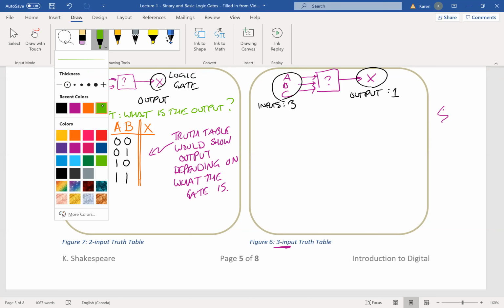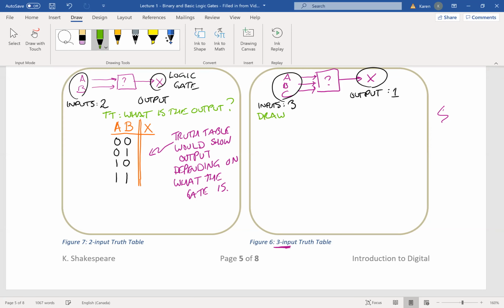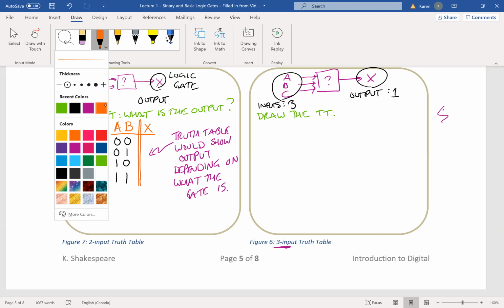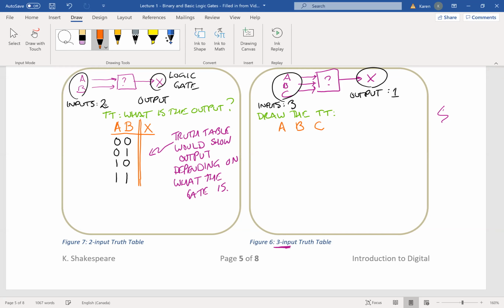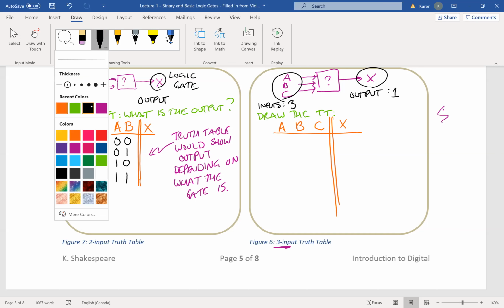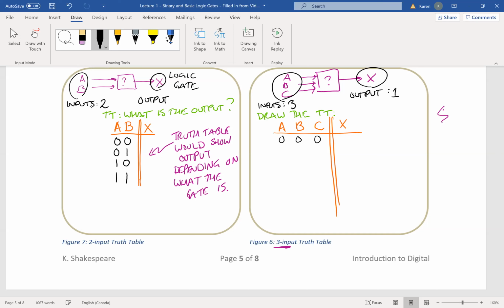And draw the truth table. If I were to draw this truth table, it would have inputs A, B, C, and it would have output X. And the values could be 0, 0, 0, 0, 0, 1, etc., all the way down to 1, 1, 1.